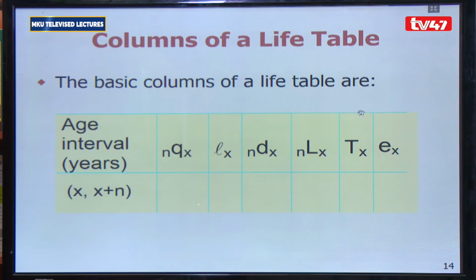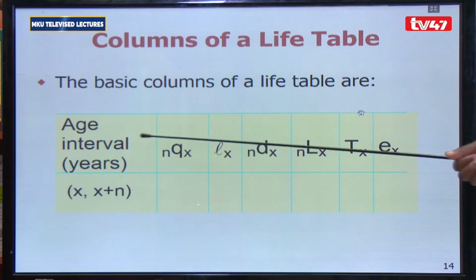So basically, in a given conventional table, in this case, the standard actuarial table, we can have the following columns. And one of the columns can help in getting the other one, but some may be more important than others, or they may be mandatory compared to others.